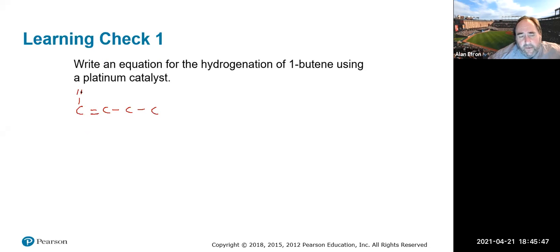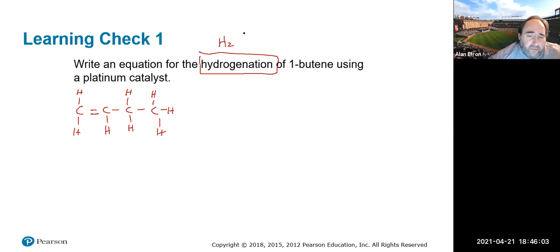Everything else is going to be hydrogens here. So we do 1 there, we do a couple there, and 3 there. Hydrogenation means that we're adding H2, which is 2 H's.